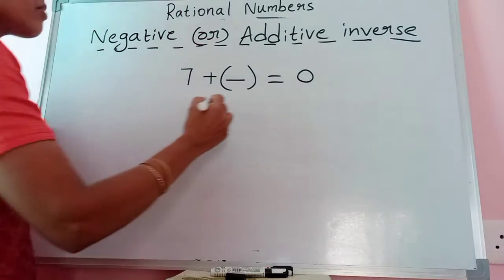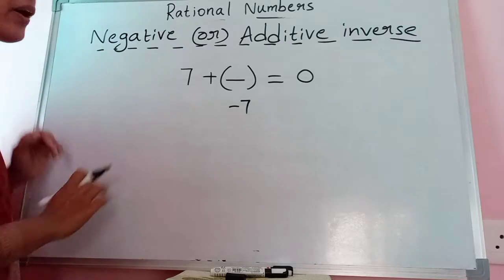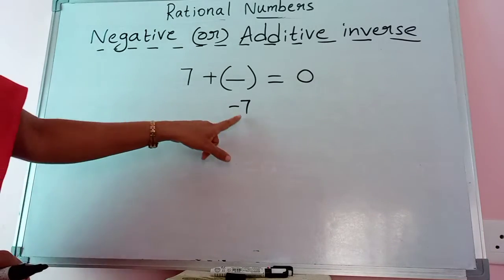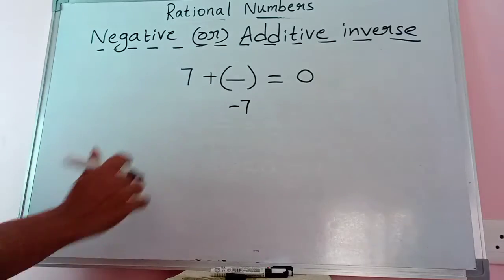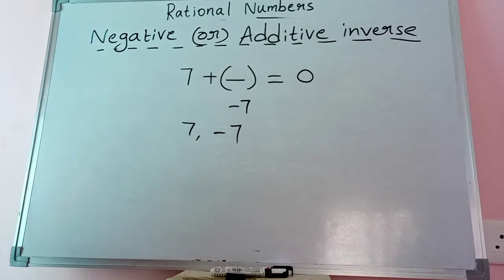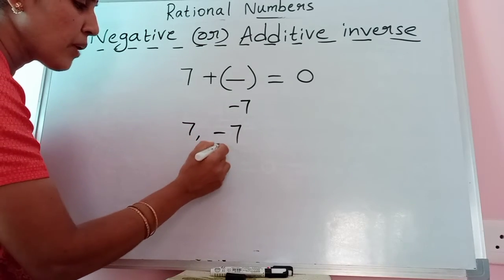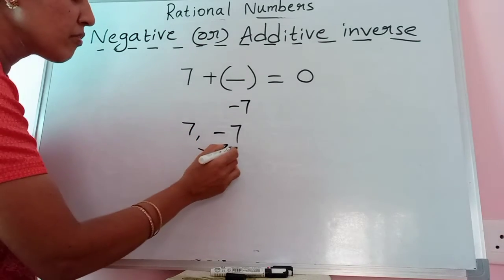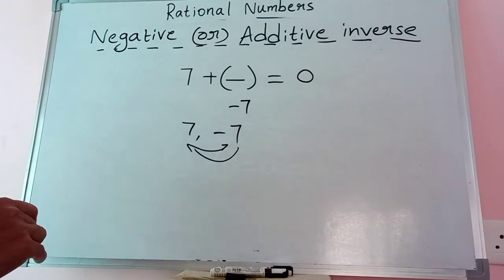Yes, minus 7. The negative of plus 7 is minus 7. If I add minus 7 to plus 7, I get 0. Here 7 and minus 7 are known as additive inverses of each other. The additive inverse of 7 is minus 7, and the additive inverse of minus 7 is plus 7.